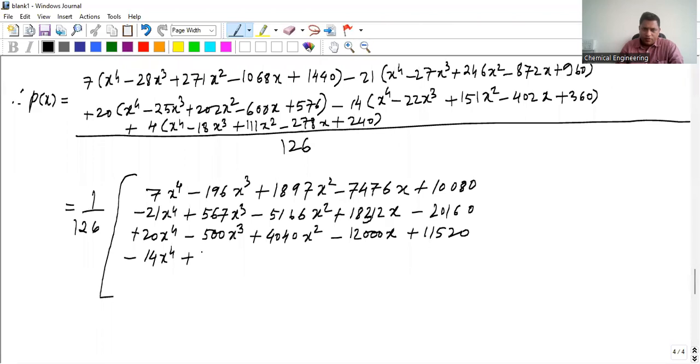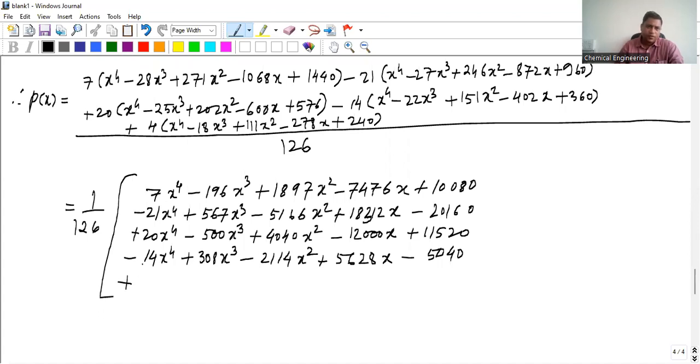It's going to be 308x cube, minus 151 into 14, 2114x square, minus minus plus 402 into 14, 5628x, and minus 5040. Okay, this is a constant.